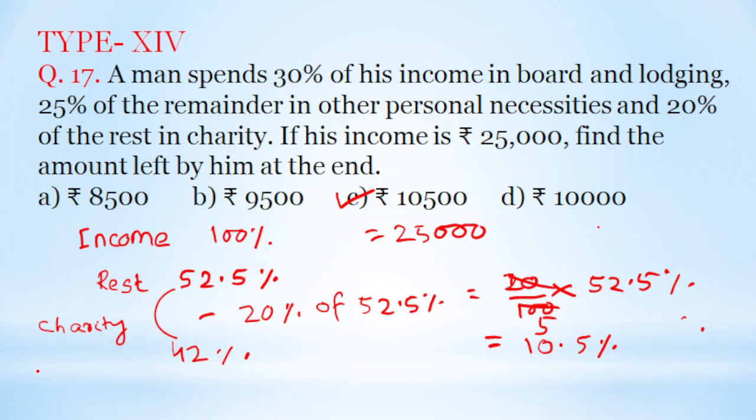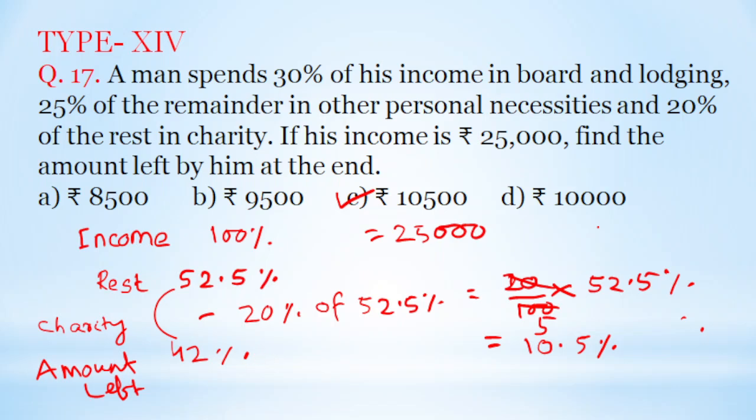That means this is the amount left. Amount left is 42%. That means 42% of what? 42% of the original income. Original income is 100%, and that is equivalent to 25,000.